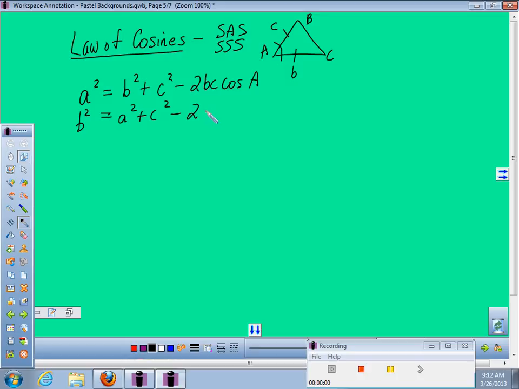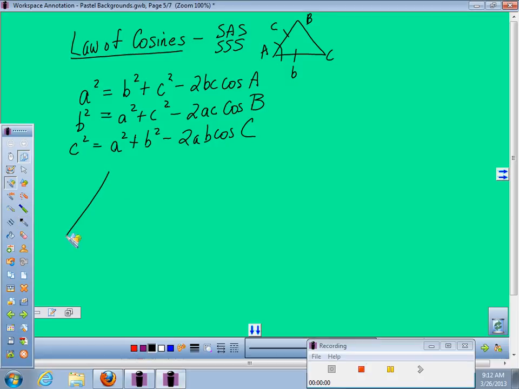So that would be minus 2 times A and C, the same two sides, cosine of angle B, since you're finding side B. Same thing if you were solving for C: A squared and B squared, minus 2AB, cosine of C. All I expect you to know is one version of it, because once you know one, you can do it. So let's work a problem and find out that law of cosines is pretty sweet, other than one tiny wrinkle.